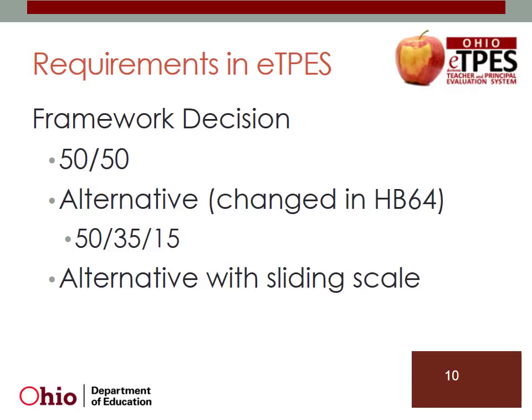Before the district can enter any student growth information, the district will need to enter the decision regarding the evaluation framework to be used. There will be 3 choices this school year. The framework decision will be one of 3: either the 50-50 or original model; the alternative framework that was changed as a result of House Bill 64, which includes 50% of the evaluation from performance measures, 35% from student growth measures, and 15% from an alternative component; or the alternative framework that was used last year that has a sliding scale.